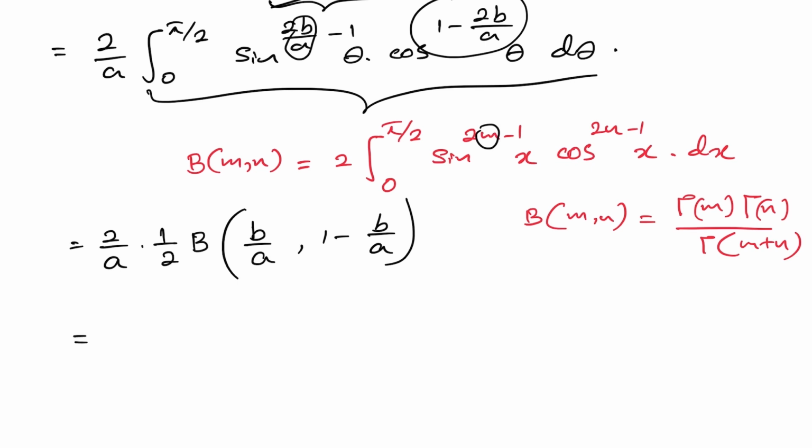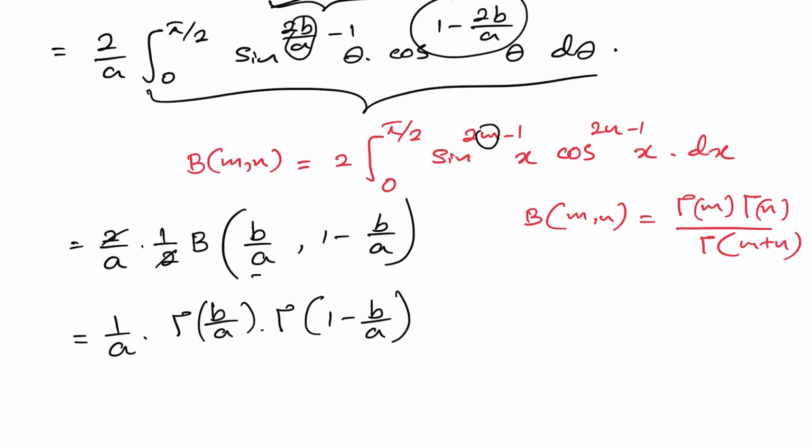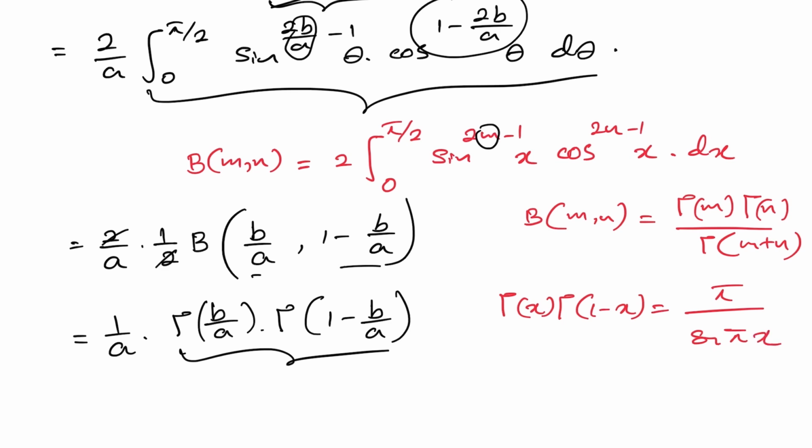So the 2 gets cancelled, and we have 1 over a, gamma of b over a times gamma of 1 minus b over a, over gamma of b over a plus 1 minus b over a. The b over a cancels, so gamma of 1 is 1. Again a nice relation: Euler's reflection formula, gamma of x times gamma of 1 minus x is equal to pi over sine of pi x.